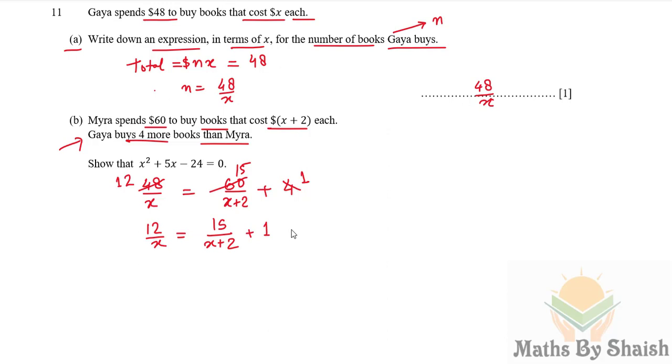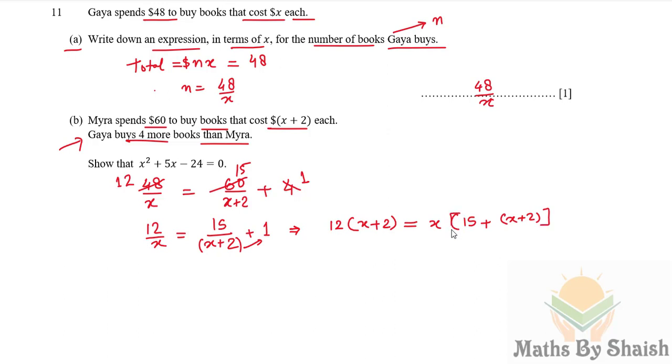Now we will simplify. I'll do the cross multiplication, so it will become 12 times X plus 2, and since we have to take the LCM here, in one line we can write X multiplied by 15 plus 1 times this, because once we take the LCM, this will be multiplied here, so it becomes X plus 2.